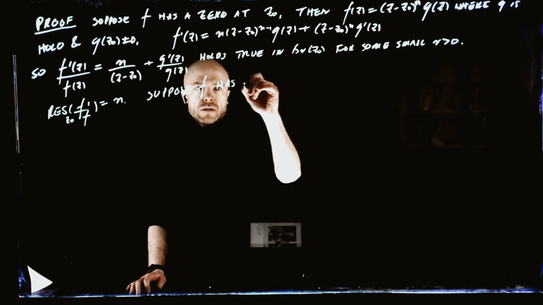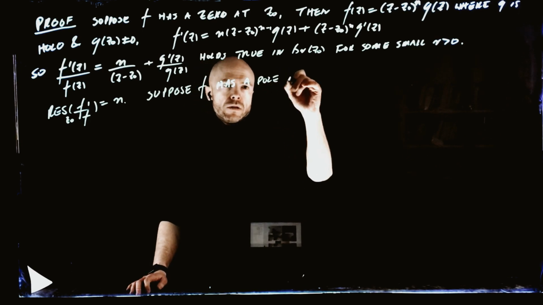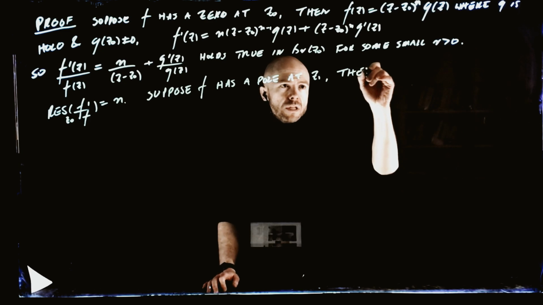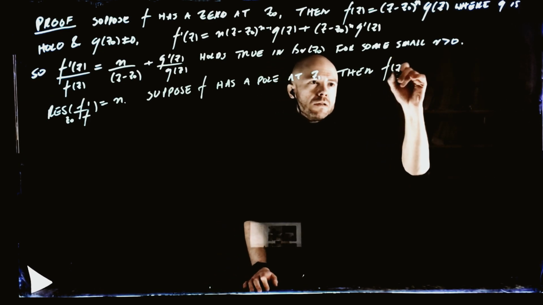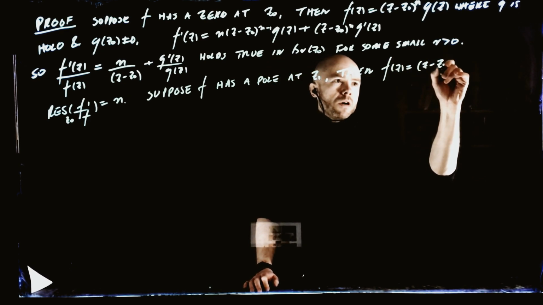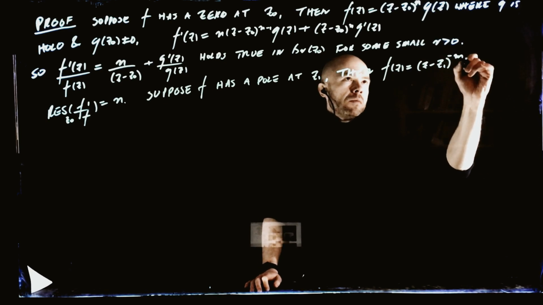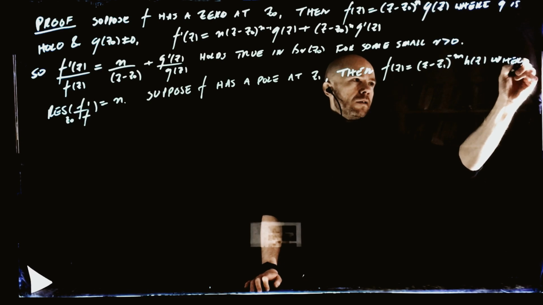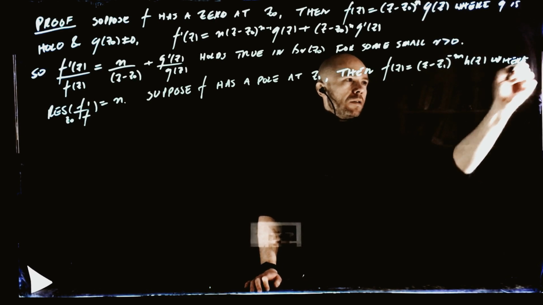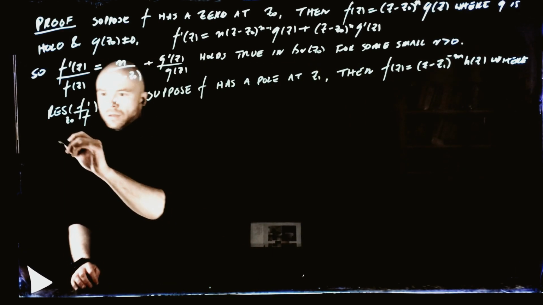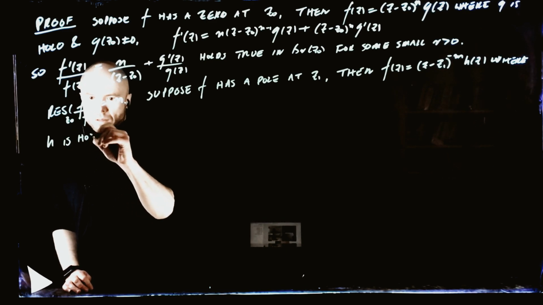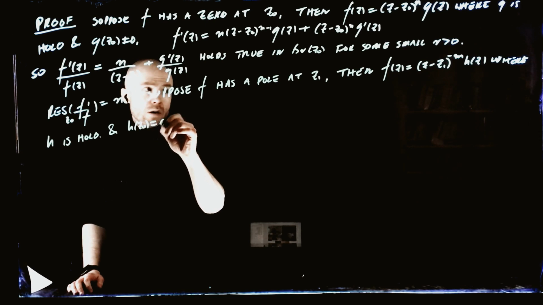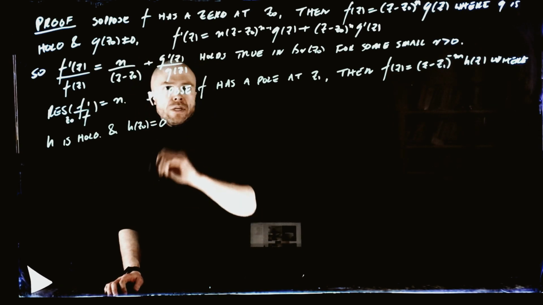Now suppose f has a pole at z1. Then, same kind of game. We have that f of z equals (z minus z1) to the minus m, h of z, where h is holomorphic, and h of z is not equal to 0. I should say that this is all local.